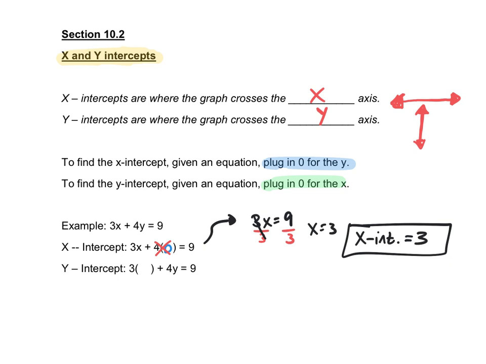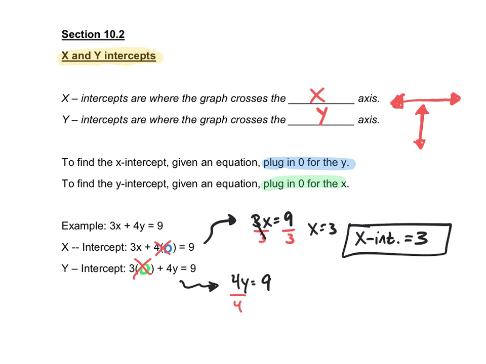Now, same idea, but when you're finding the y-intercept, you want to plug in a 0 for x. But just like we just talked about, 0 times anything just goes away. So that means that now you've got 4y is equal to 9.